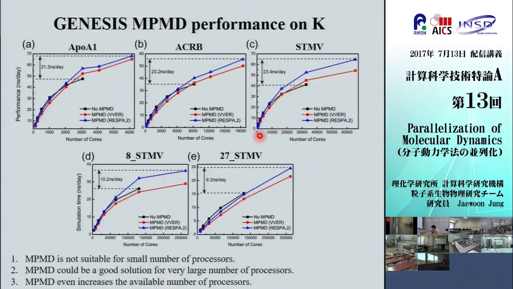And even for the 28 billion atom system, it's scalable quite well. Here I plot the scalability not on a log plot, but on a real plot, and I obtained a performance of 25 nanoseconds per day.